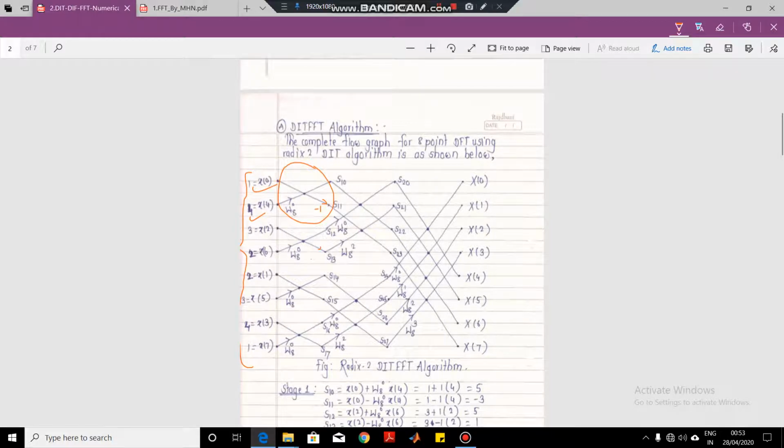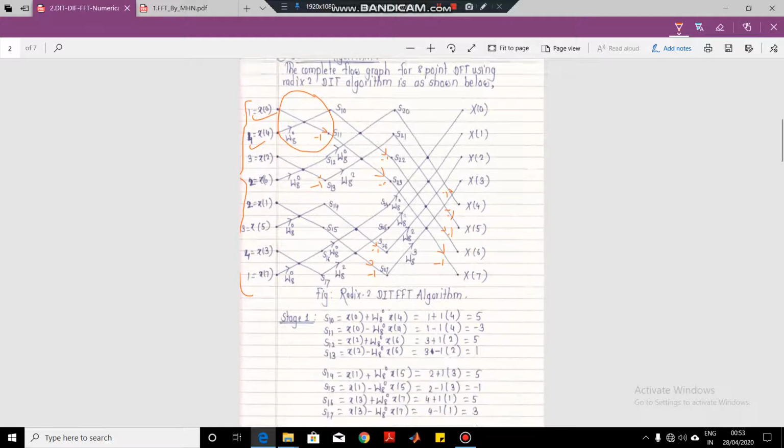Wherever there is a butterfly, here it will be -1, and for all these butterflies it will be -1. So for every butterfly you have to show -1 here.